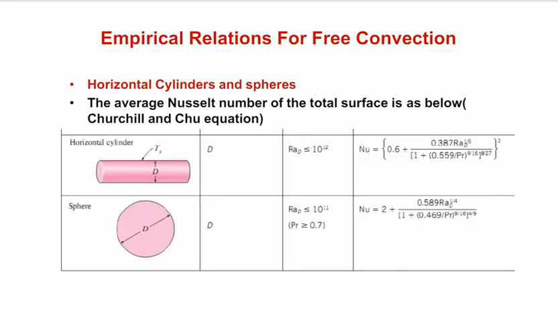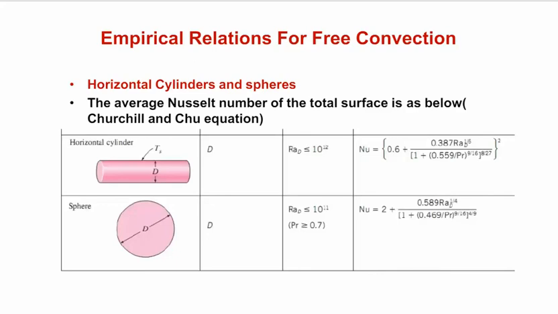Then we have a sphere, the horizontal sphere. In the horizontal sphere, we take a sphere having the diameter D. Then the Rayleigh number is less than 10 raised to power 11 and the Prandtl number is higher than 0.7.